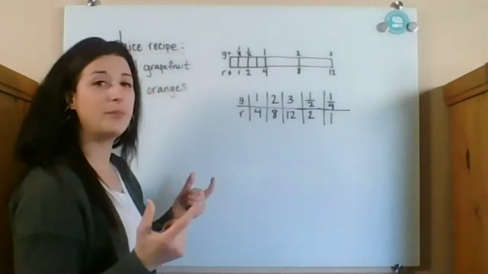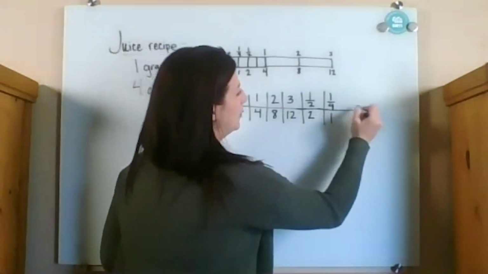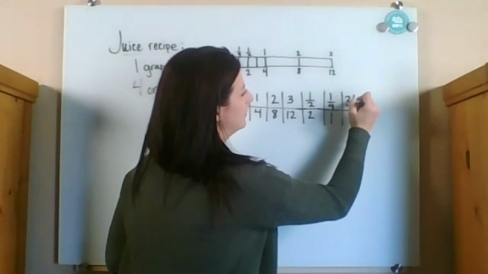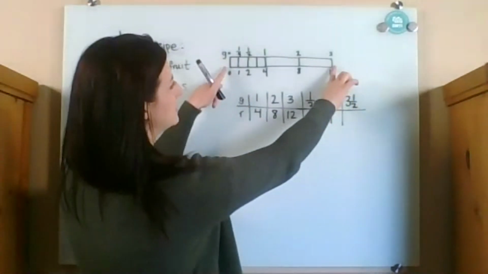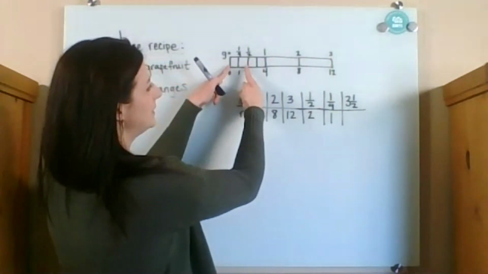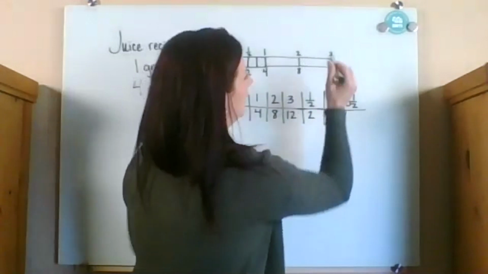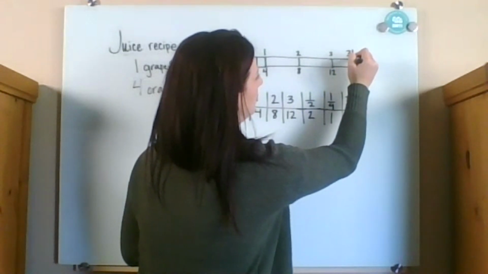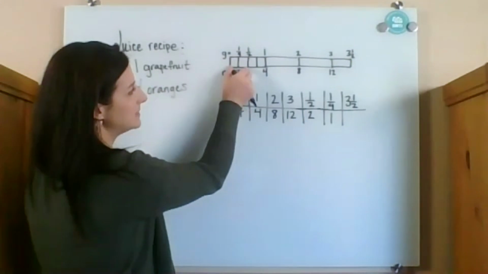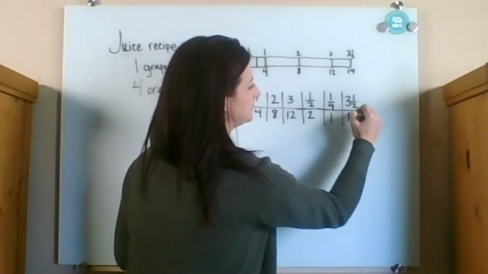Okay, so here's another benefit of this. Is now, let's say I wanted to do 3.5 grapefruits. So I can take a look, and I already have this 3, and I can literally take this space of a half, and I can move that out here. Being able to think about 3.5 grapefruits, and I know within that space, that's taking 2 oranges, so I get 14 oranges.